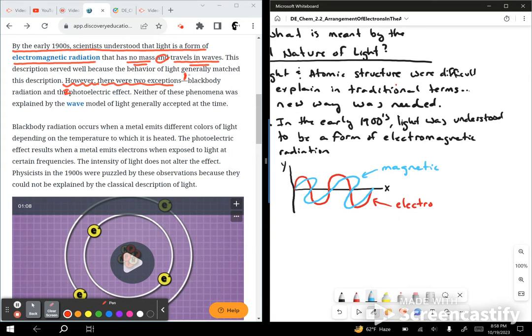Okay, electromagnetic radiation. So it kind of had two components to it. Two components.